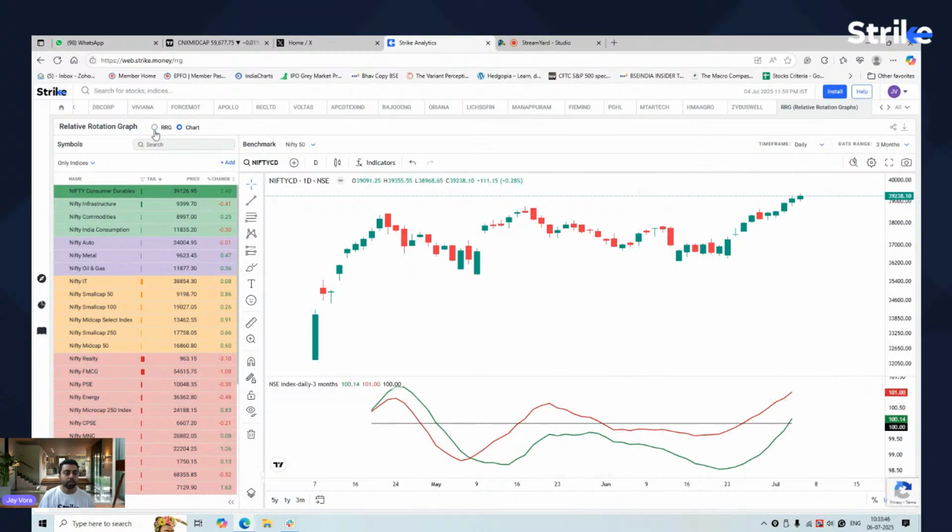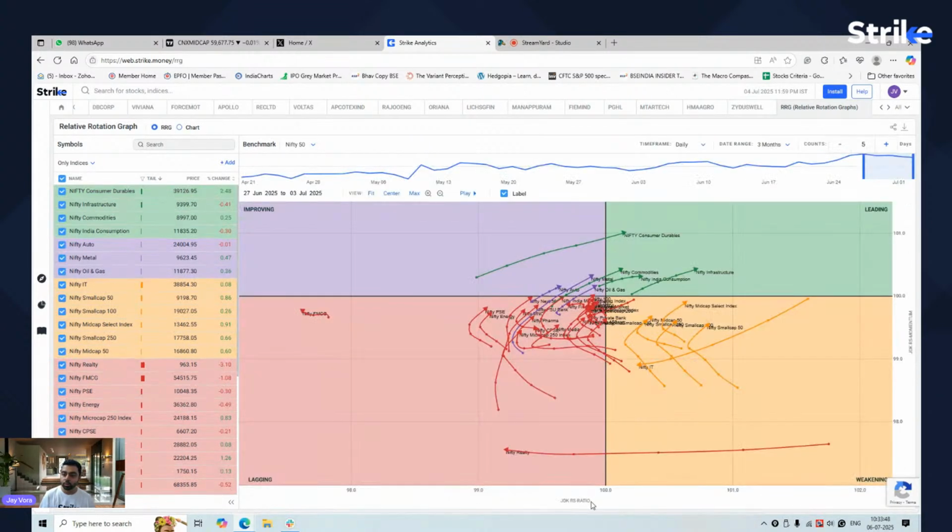So in RRG, basically there are two components. On the x axis is the RS ratio, that is relative strength, and on the y-axis it is momentum. RRG is the only unique tool that combines momentum and price action together, and that's why it helps to a very large extent to find out the stocks which are outperformers, underperformers, and so on.